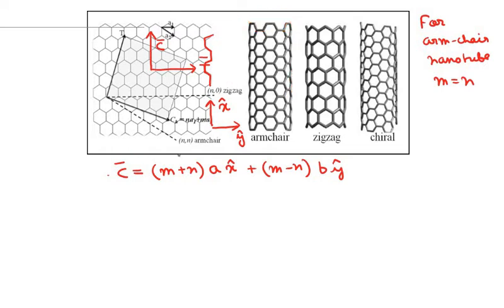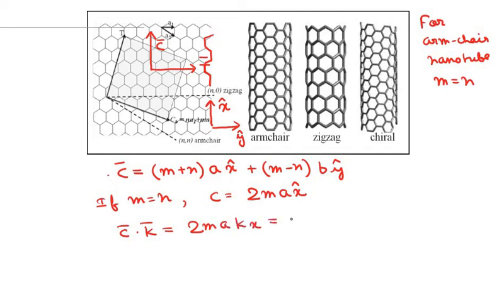Okay, so if m equal to n, this C is equal to 2m a x cap. And then C dot k is equal to 2m a kx, and for the wave vector to exist inside this nanotube, this product should be an integer multiple of 2 pi.